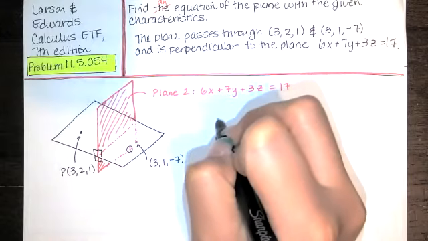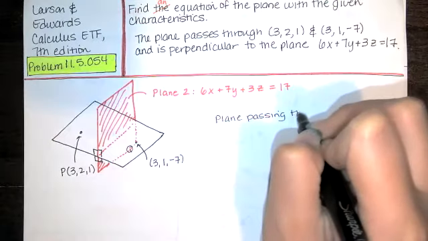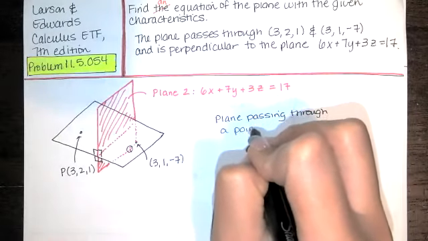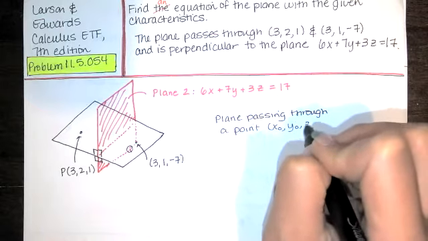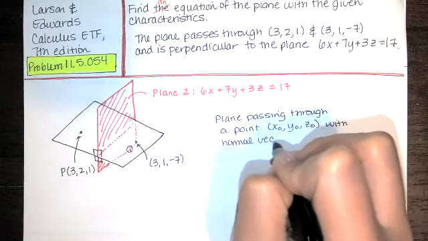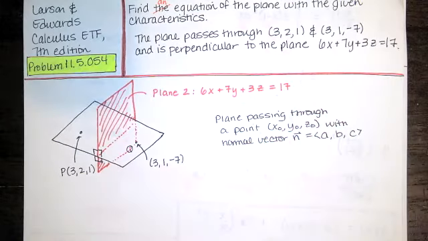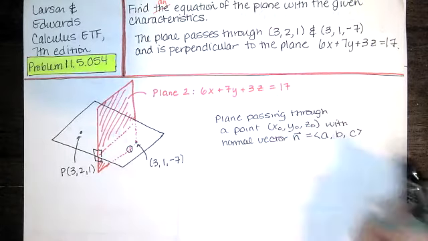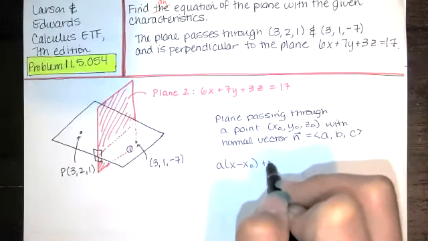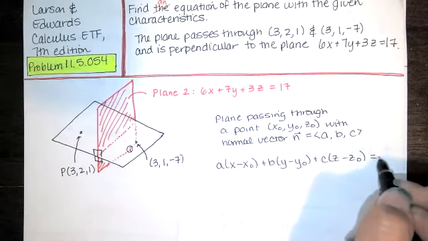First of all, the equation of a plane passing through a point x naught, y naught, z naught with normal vector with components a, b, and c, so a times i hat plus b times j hat plus c times k hat, has the following equation: a times x minus x naught plus b times y minus y naught plus c times z minus z naught equals 0.